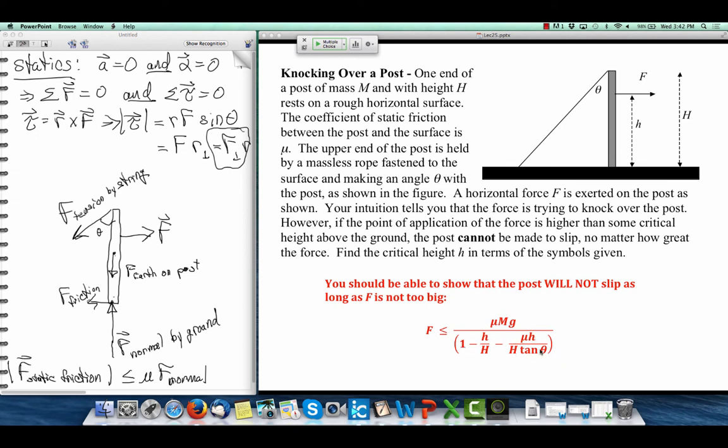But as little h gets bigger, in other words, this gets higher and higher, then I'm getting something that's closer and closer to 0 on the bottom here. And that means to say that F is less than or equal to this means this is the limiting value of F. And as the bottom here goes to 0, the limiting value of F is infinity, which means there is no limit to F. And so that's what they're asking for, something like that.